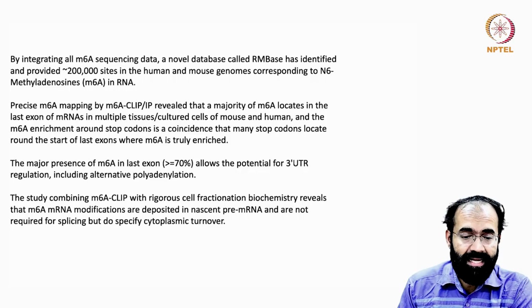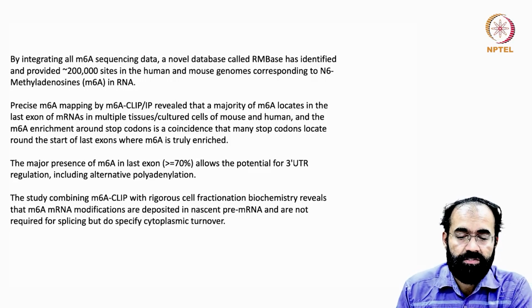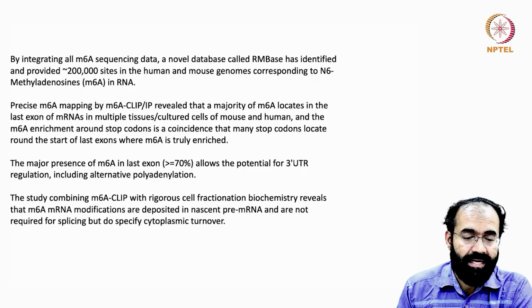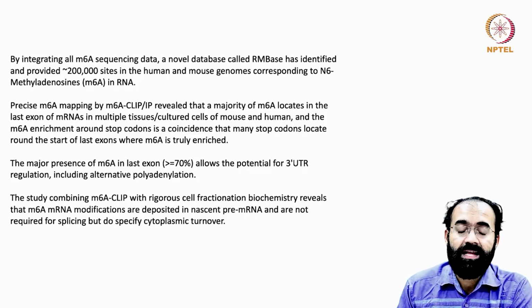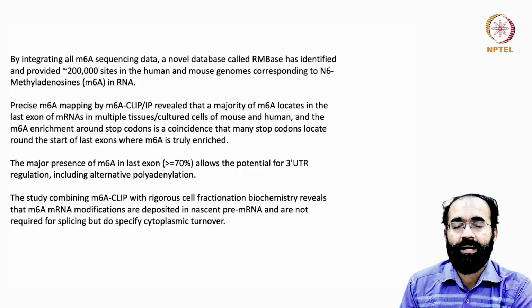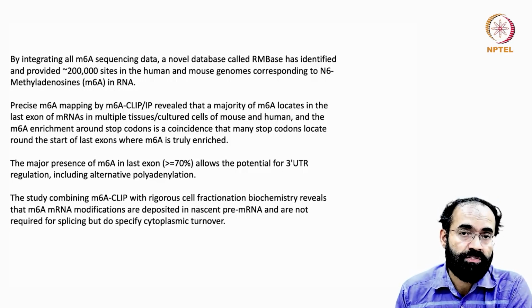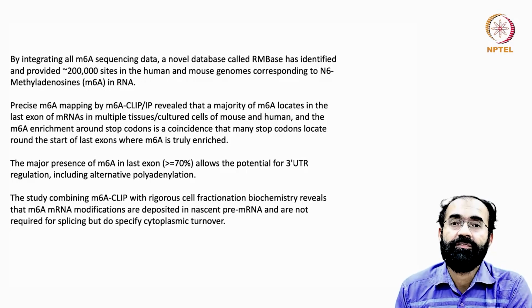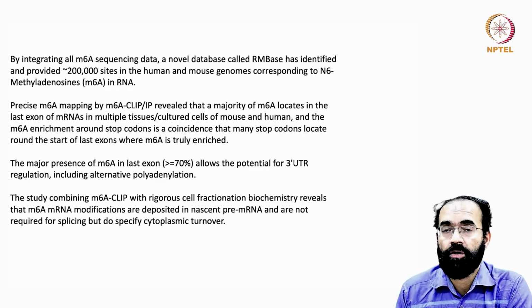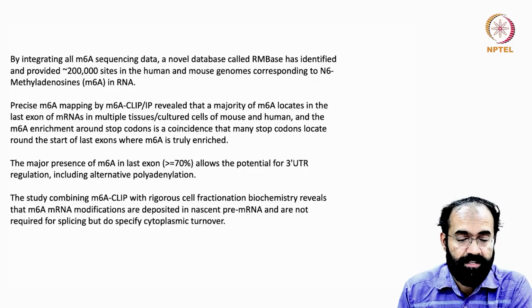And the M6A enrichment around the stop codons is a coincidence, as many stop codons locate around the start of last exons where the M6A is truly enriched. So mere presence is not all, it also gets enriched with methylation of those adenine residues.